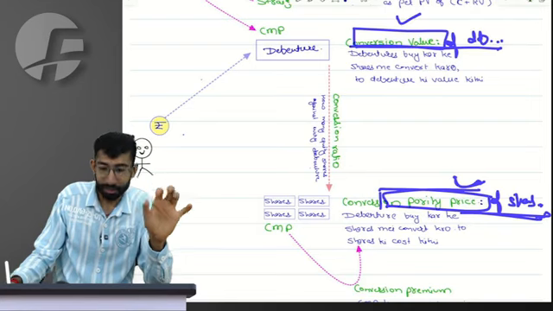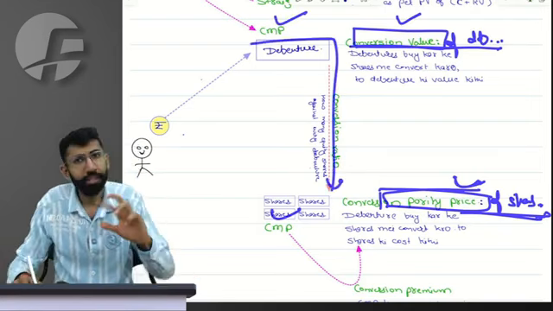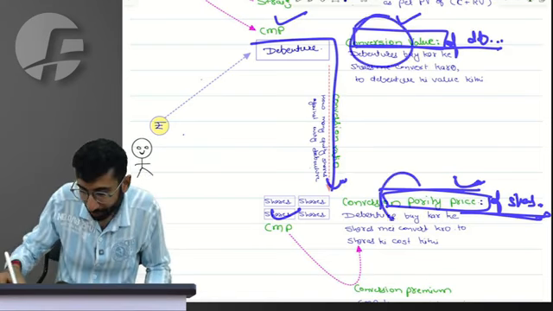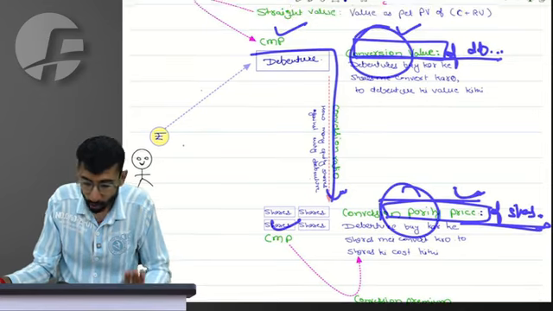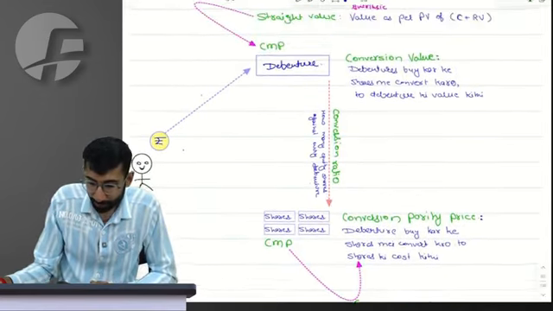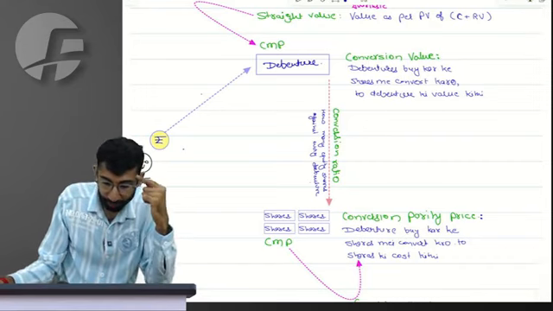Easy, basic, right? What is directly available is CMP, and what is calculated the other way around is the conversion value.